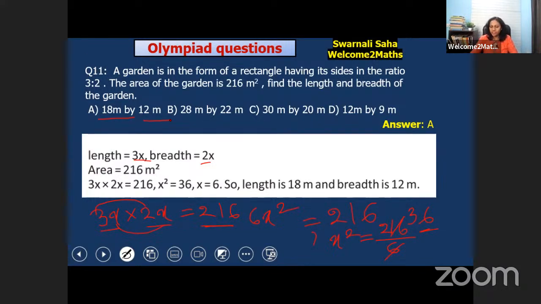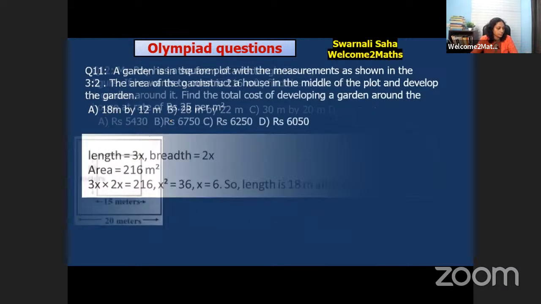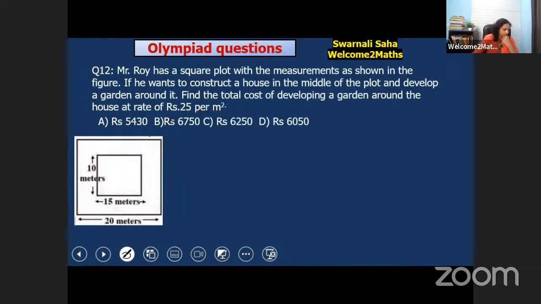So let's solve one more question. Now question number 12 for you. Is it visible or not?